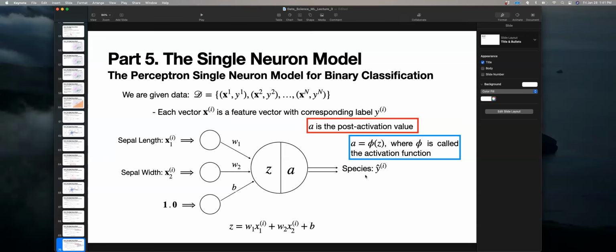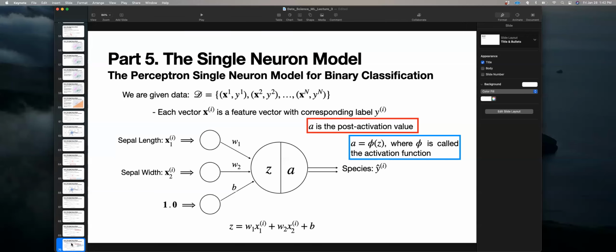So we have a pre-activation value, it's passed through an activation function, and then you have a post-activation value. With this model, that's what we output. So y hat will be equal to A, which is the activation function applied to the weighted sum of the signals.